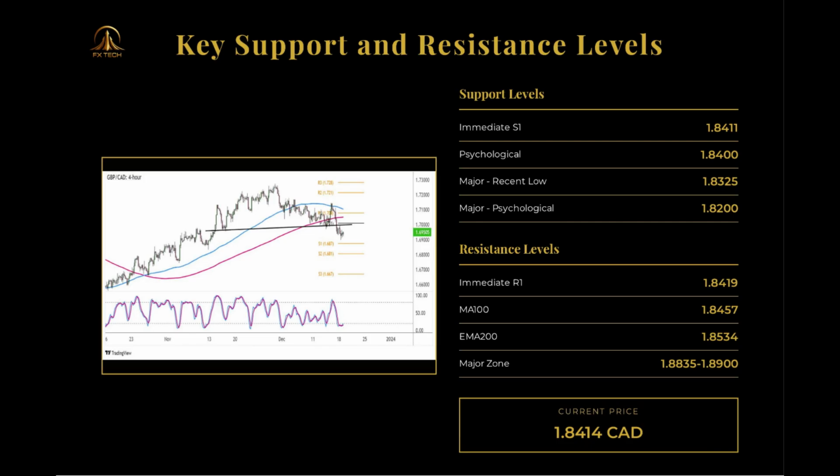The key resistance zone sits much higher at 1.8835 to 1.8900, which would require a significant shift in fundamentals to reach. Current price action suggests GBPCAD is consolidating in a tight range, with the direction of the next major move dependent on whether support or resistance breaks first.